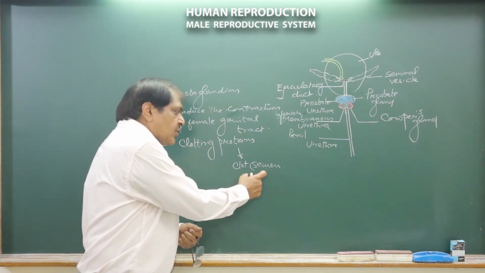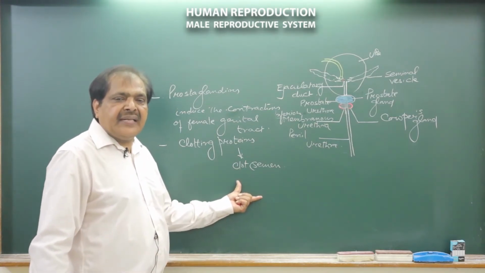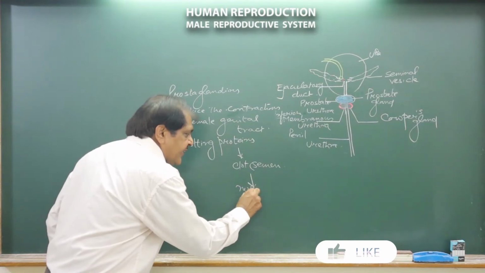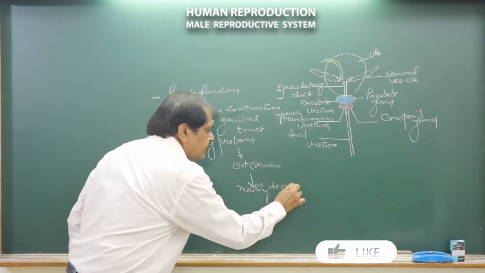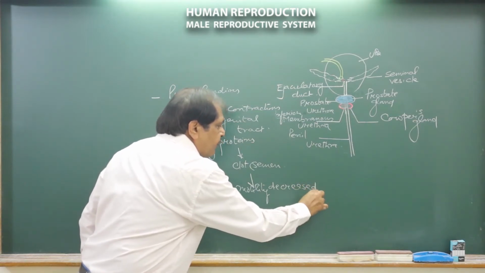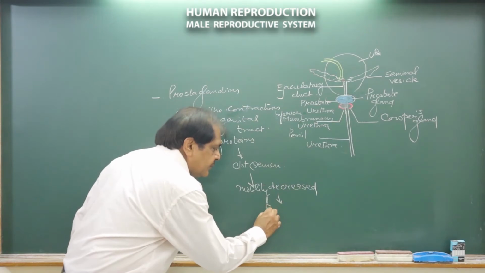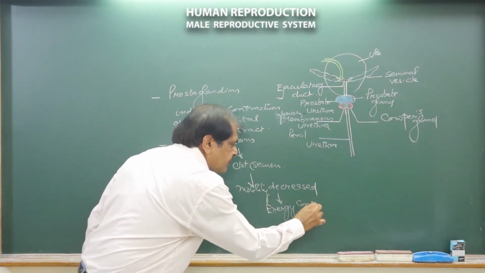If the clotting of the semen has taken place, it means motility has decreased. If motility decreased, it means energy is conserved.